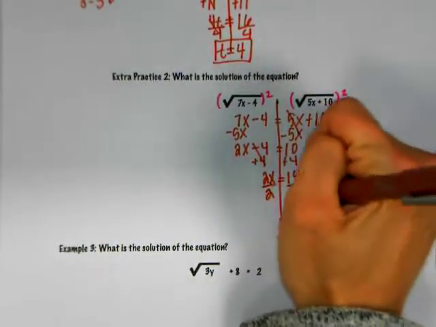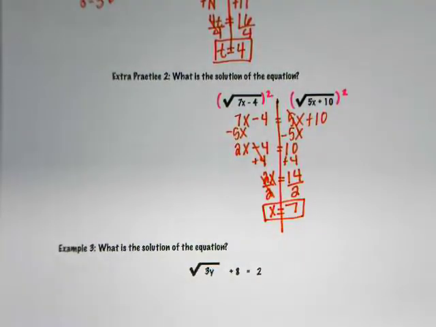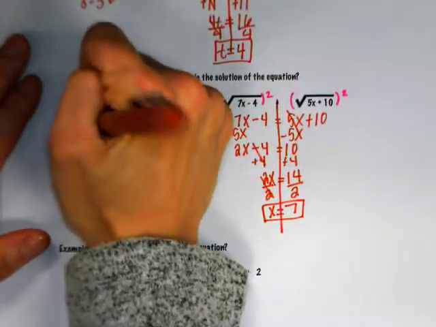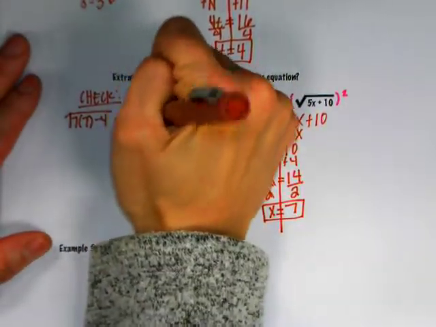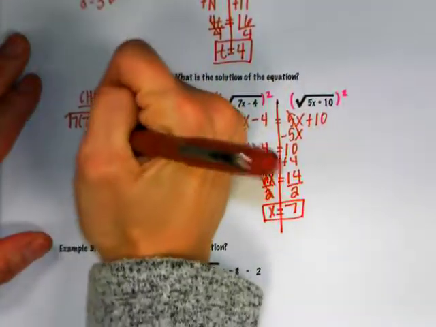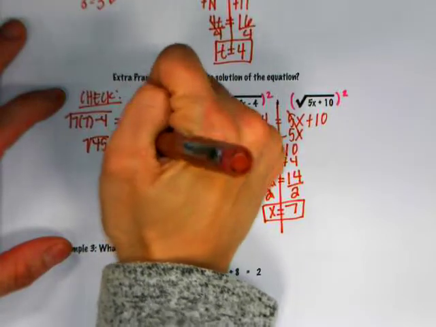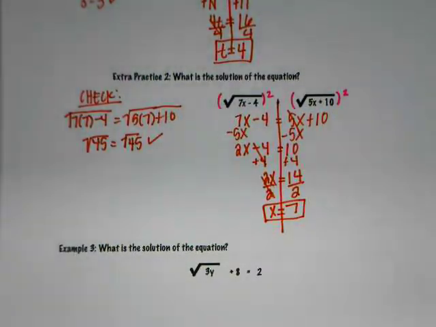So what does x equal? 7. Yep. And then check that. Okay, so that's 45. Yeah, so that checks. All right, any questions so far? Okay. All right, next one.